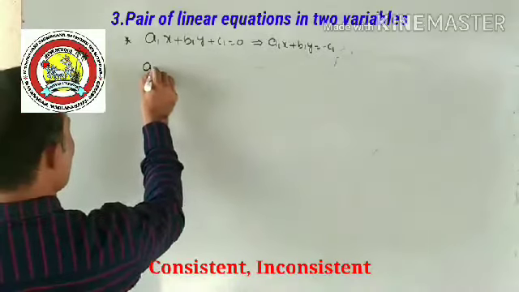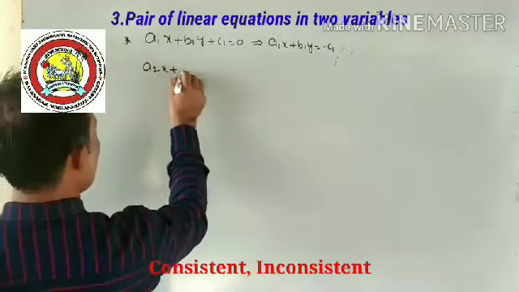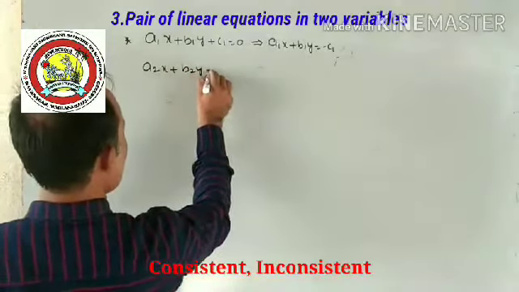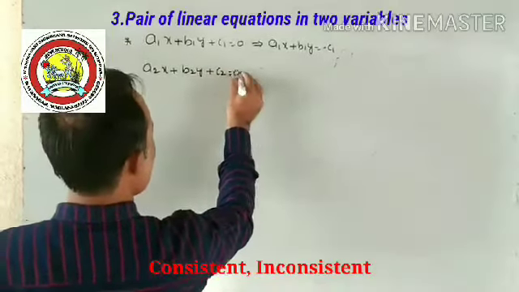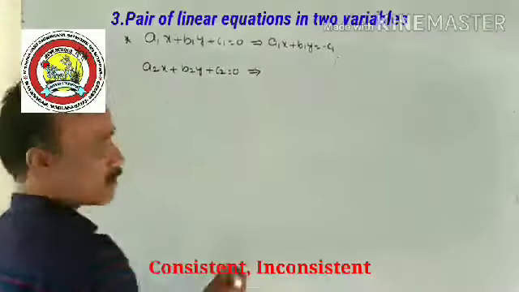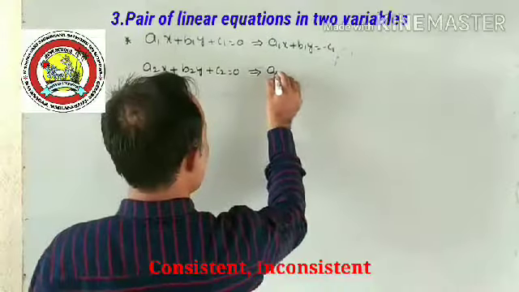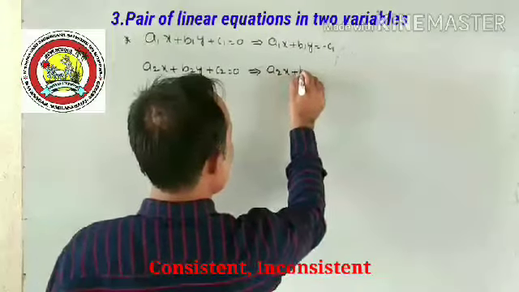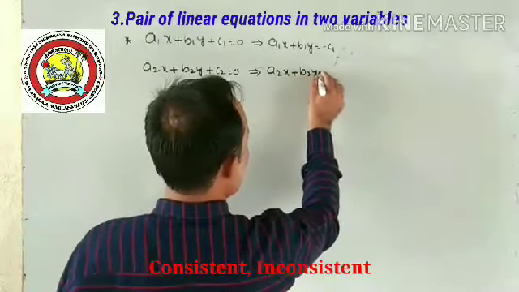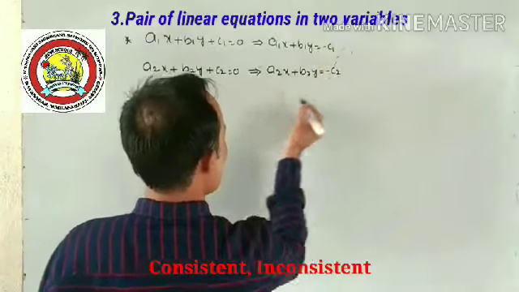Next, another one, a2x plus b2y plus c2 is equal to 0, or this can be written as a2x plus b2y is equal to minus c2.